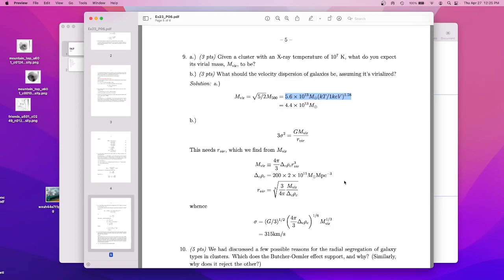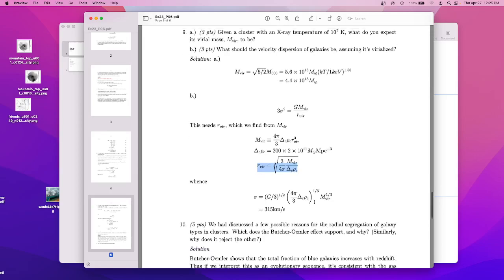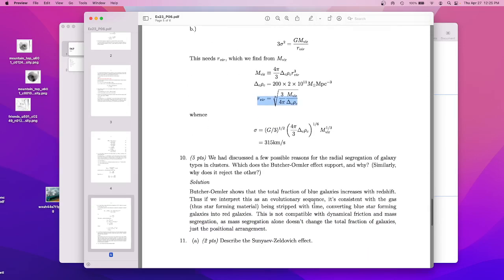And you get 315. So M is 4 pi. Why did I do it that way? Oh, I need R. That's why. Because you need the virial radius, which you just get. And then you plug it in. So you need to get the virial radius first, and then you get the virial everything. Are we good?